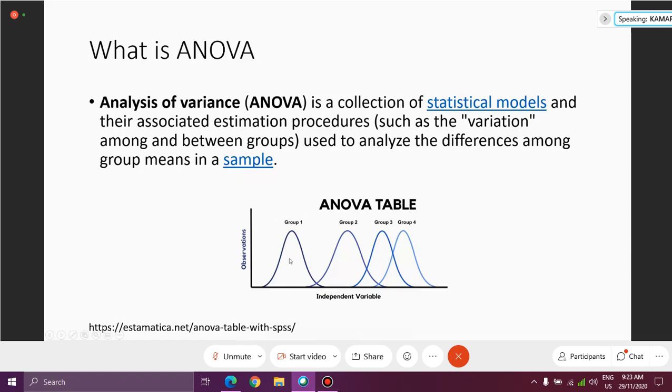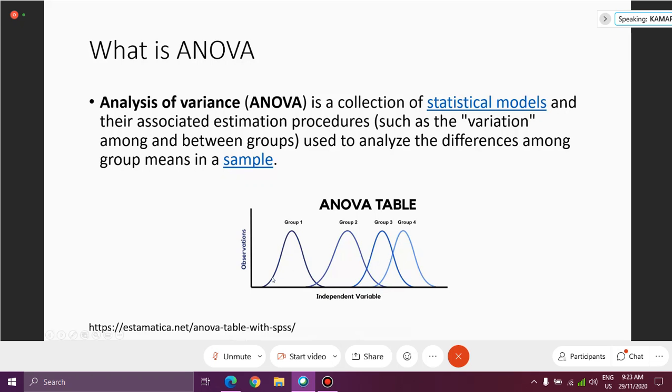And then you measure height. So this will be the height for Malay, this will be the height for the Chinese, this will be the height for Indian, and this will be the height for others. And these are the distributions of height.